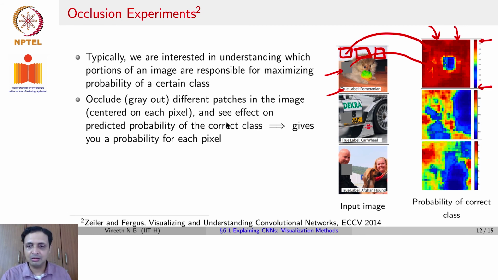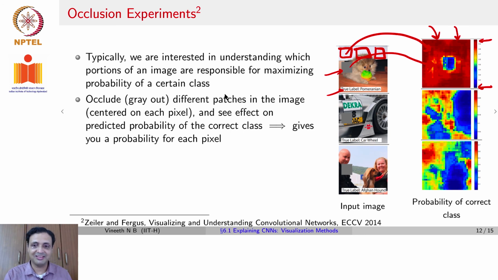So you notice here that when the patch is actually placed on the dog's face, the probability of the image being a Pomeranian drops to a low value. This tells us that the CNN model was in fact looking at the dog's face to call this a Pomeranian.